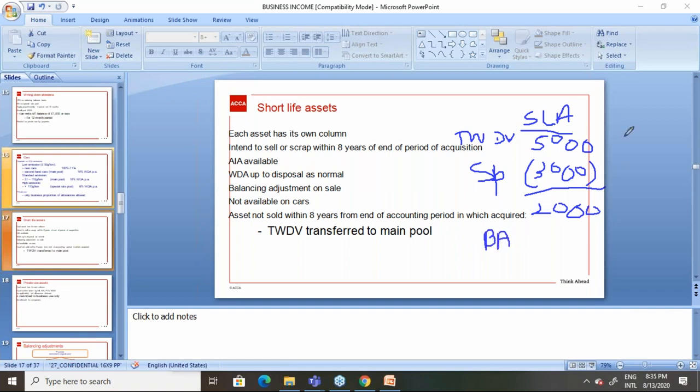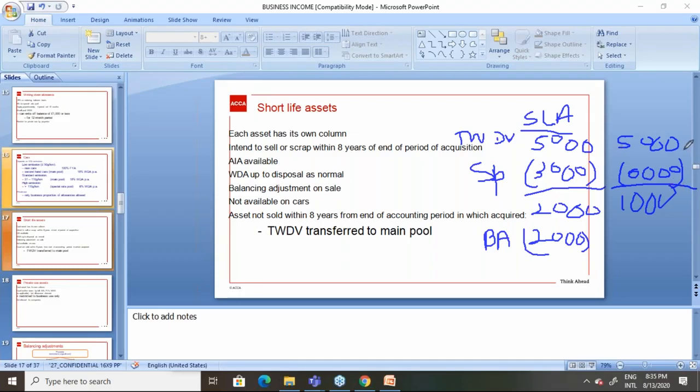So you have the potential of claiming 5,000, but since you sold it for 3,000, you have been able to recover 3,000. On the balance of 2,000, you can claim a balancing allowance in advance. So it will increase your capital allowances figure. But what if you have a situation where the tax written down value is £5,000, but you have sold the asset for £6,000? In that case, this indicates you have claimed capital allowances more than you are permitted to claim.